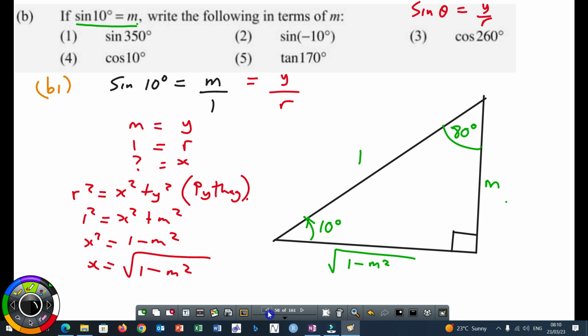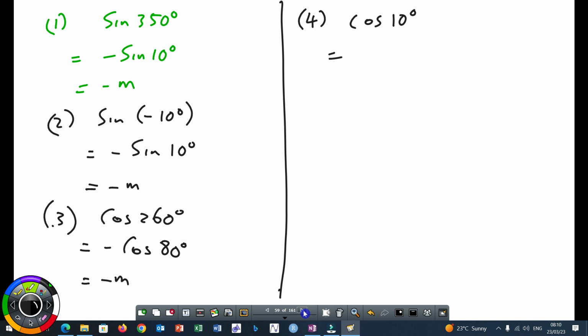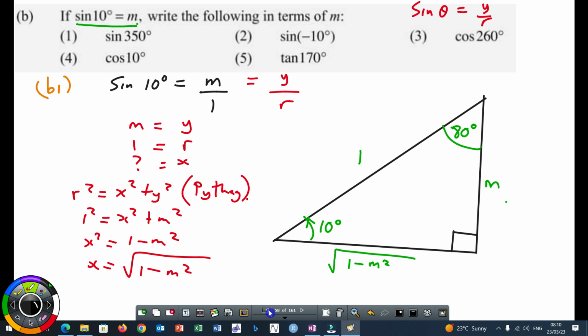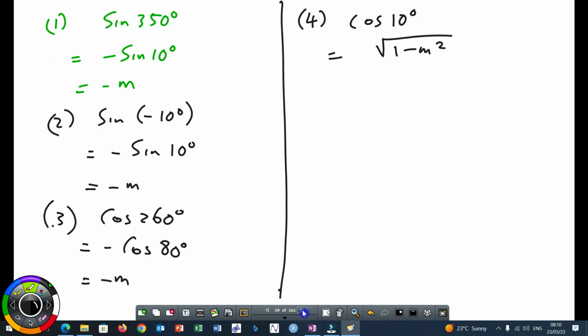So it will be adjacent over hypotenuse. So the answer will be the square root of 1 minus m squared. It's not necessary to write all over 1 because any number divided by 1, the answer is the number itself. Then tan 170.